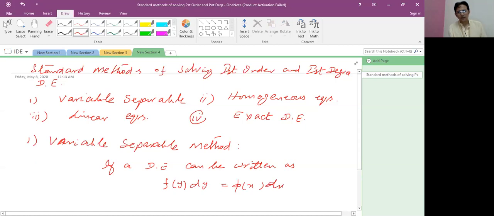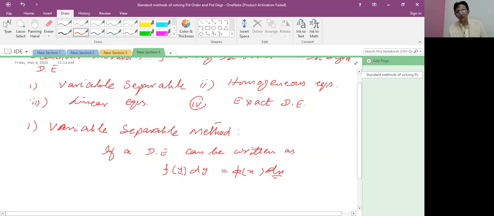It means a function depending on the y variable multiplied by dy, and a function phi depending on the x variable multiplied by dx. So y is on the left hand side and x is on the right hand side, in short form.